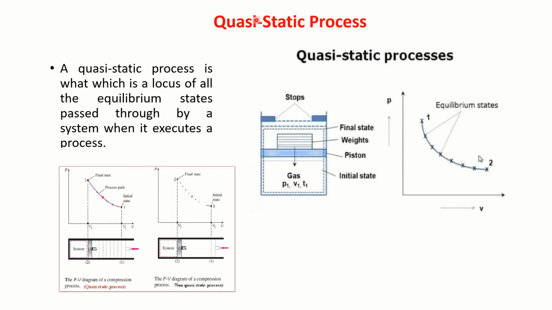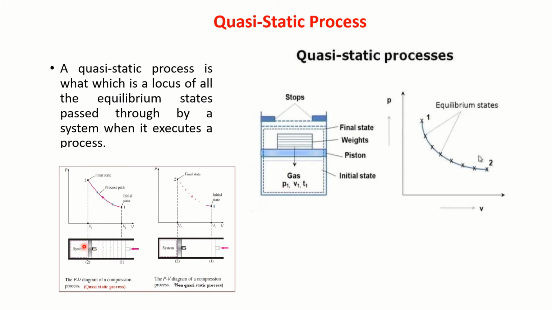So let us talk about a quasi-static process. Suppose, to begin with, let us say this is the system. I know its volume, I know its pressure. I mark this. Then I move this to a next point very slowly.